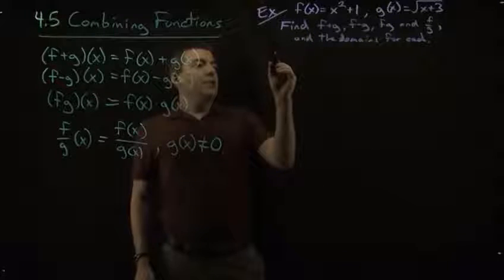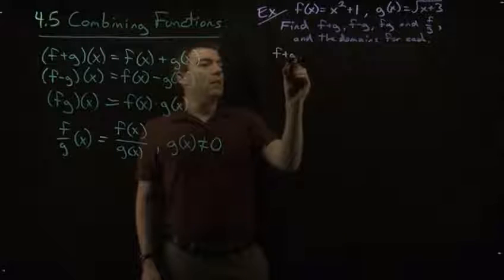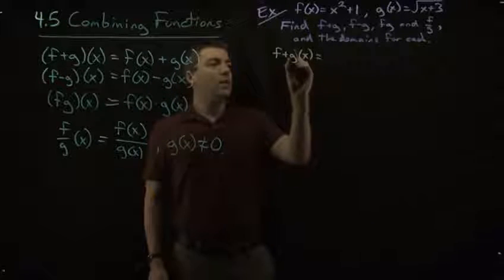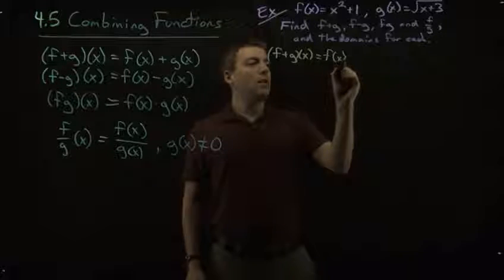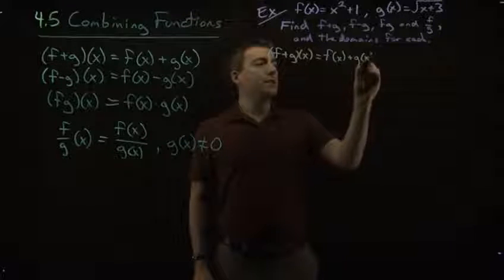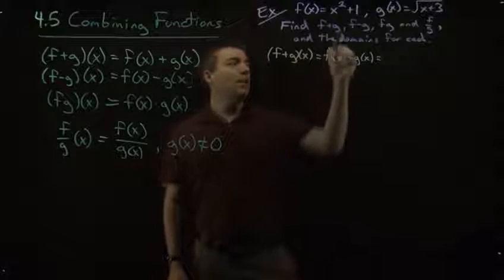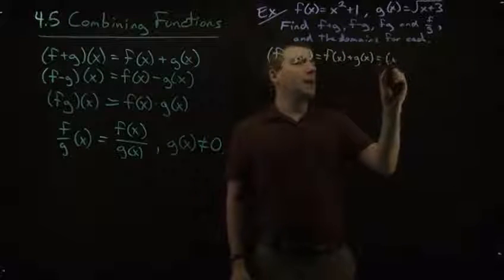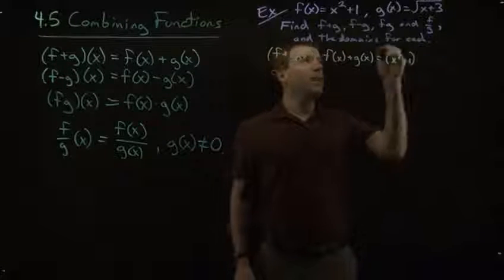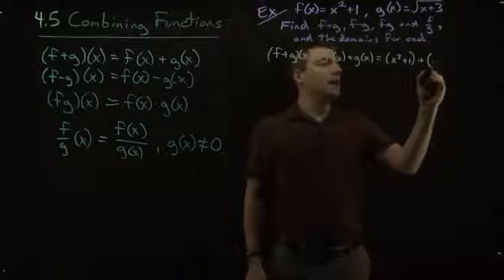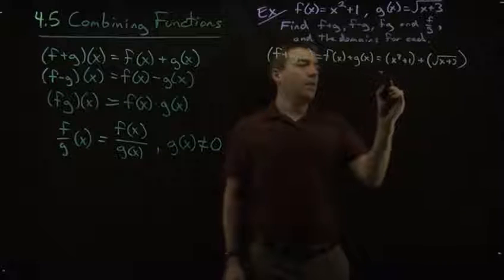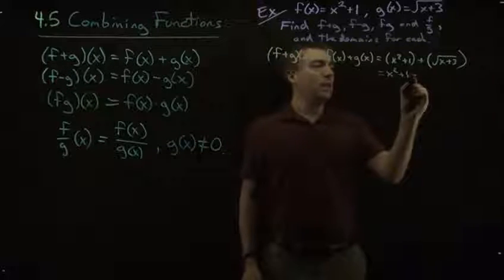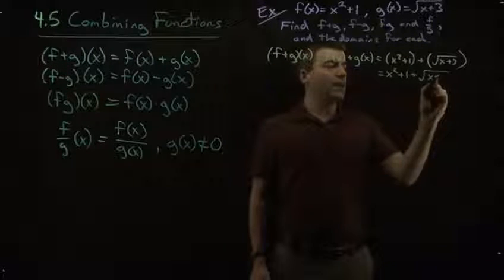So f plus g is going to be f of x plus g of x. And here we have f of x, which is x squared plus 1, and then g of x is the square root of x plus 3. So this is simply x squared plus 1 plus the square root of x plus 3.